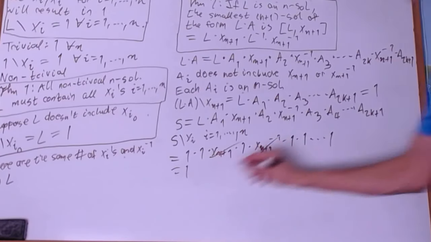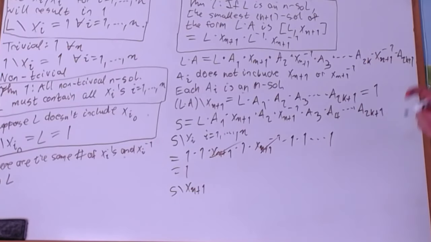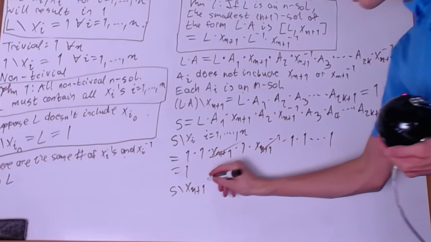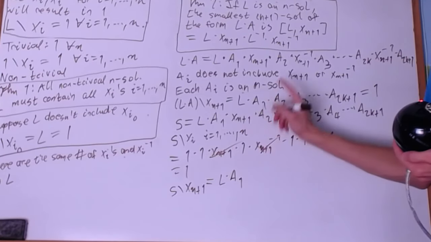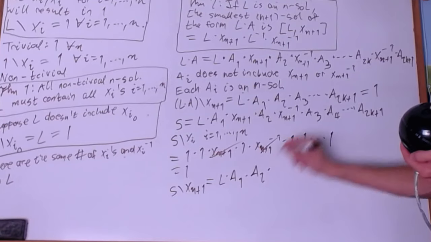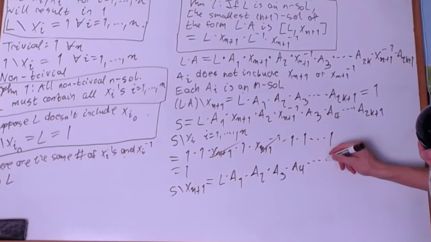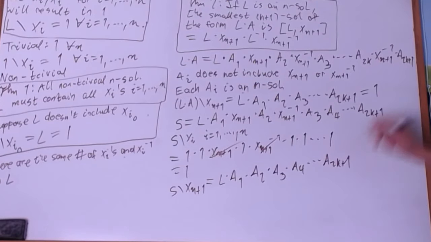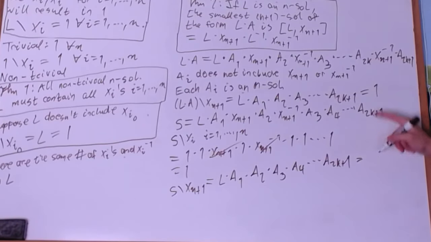Great. Now let's go ahead and do the final one we have to check, which is S removing xn plus 1. What is this going to be equal to? Well, it's going to be equal to L times A1, remove that, times A2, remove that, times A3, times A4, all the way up until A2k plus 1. And you can see that this is the exact same product as L times A, removing xn plus 1.